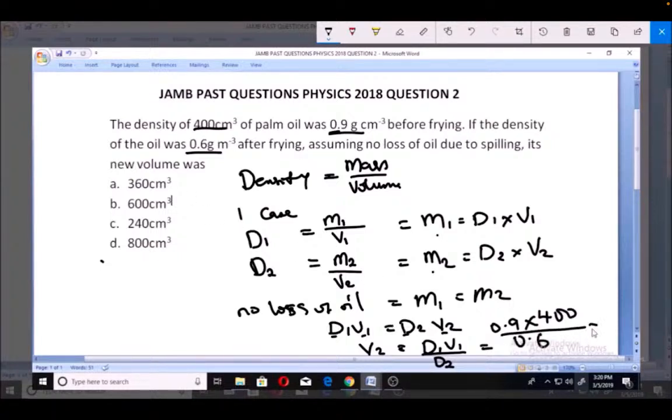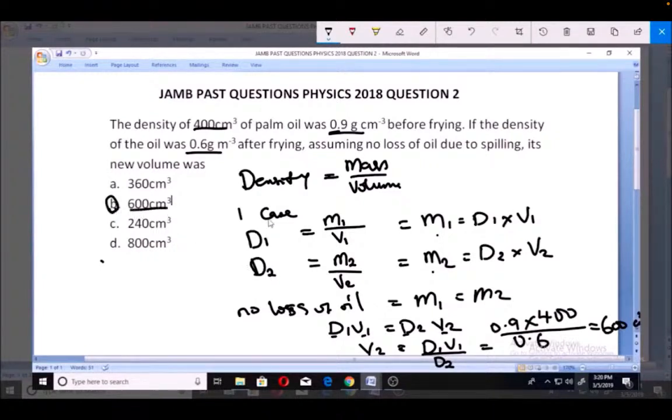So if you press your calculator, multiplying 0.9 times 400 all over 0.6, you should be able to get the right answer. And the right answer is 600 cm cubed. So that makes B the right option, 600 cm cubed.